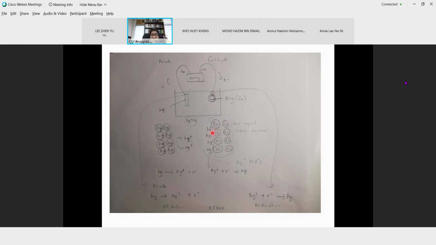Okay. And this ion Ag+ will receive the electron from here. Electron tadi banyak berkumpul kat sini because the electrons are removed from this side and come to this side. So a lot of electrons are here. So argentum will combine with electrons and become Ag. So this Ag, which is a solid, will be deposited on your ring.